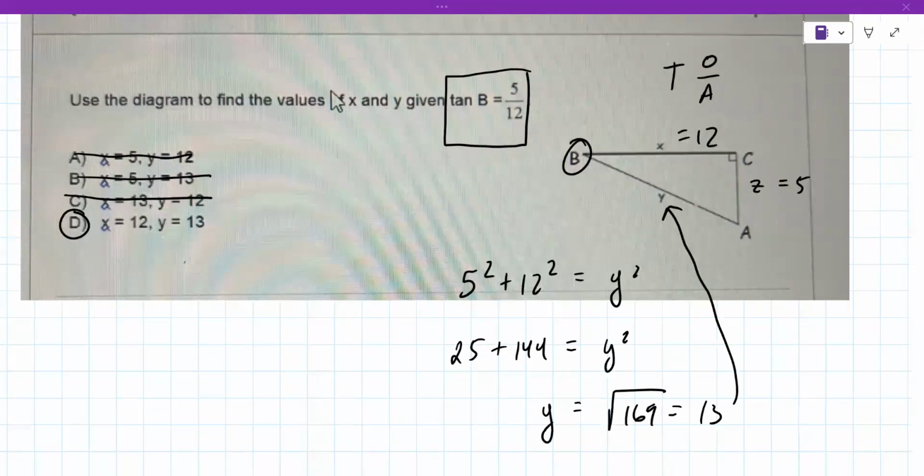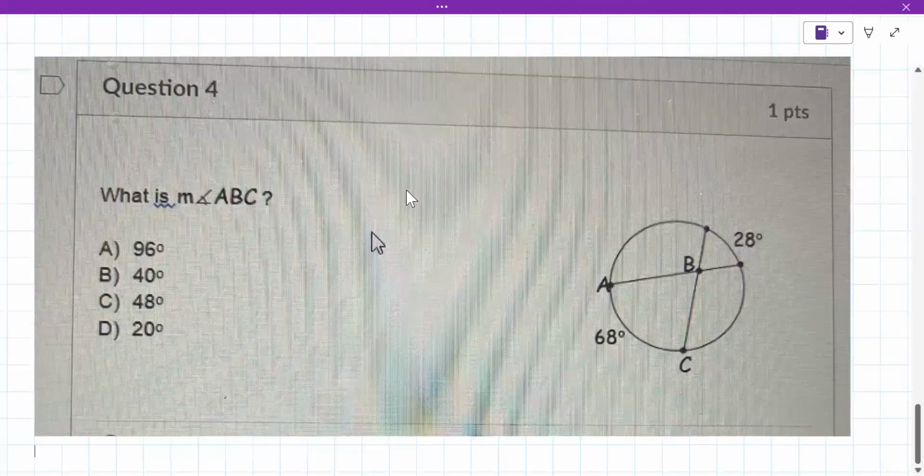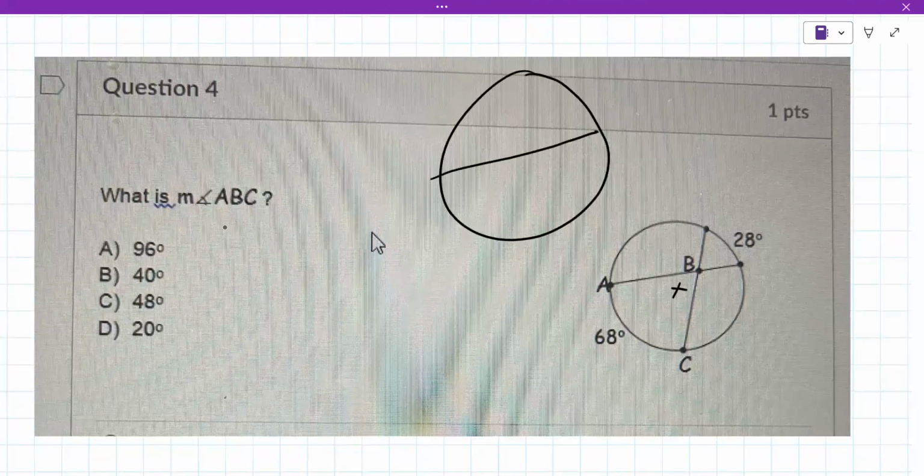Number 4. All right, what is the measure of angle ABC? So they want x right here, and there's a formula for x. These are 2 arcs that have nothing to do with the center.